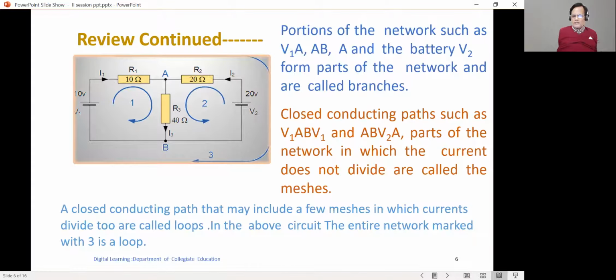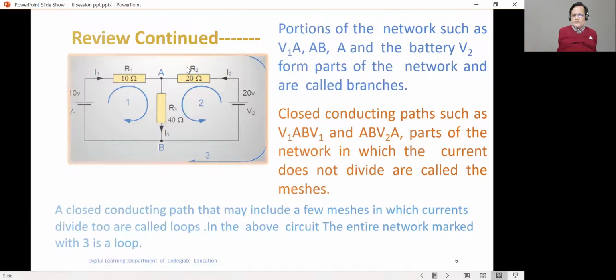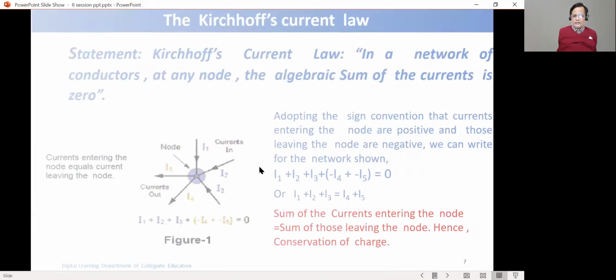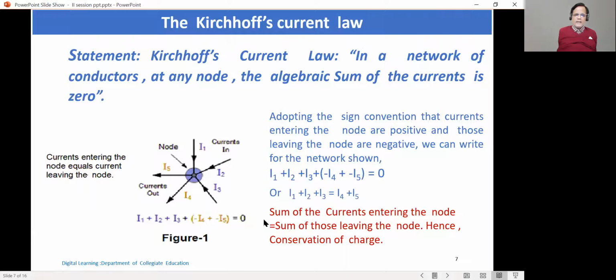We call such a portion, a smaller portion which is part of a larger network, a mesh. Similarly, A, B, V2 back to A, this is also another closed conducting path which forms part of the larger circuit and therefore can be called a mesh.